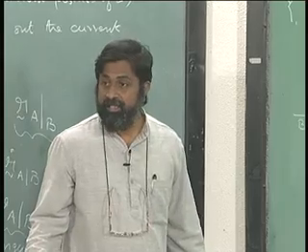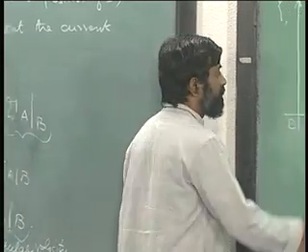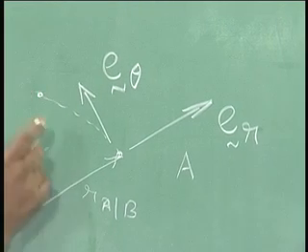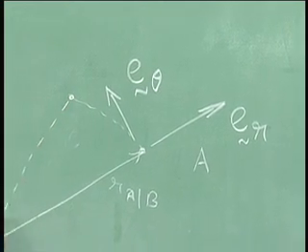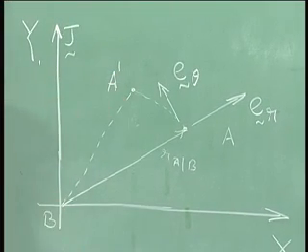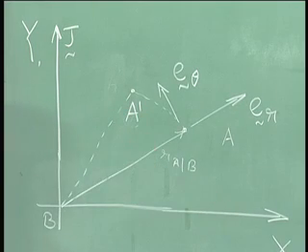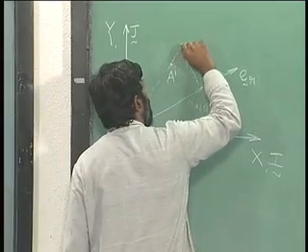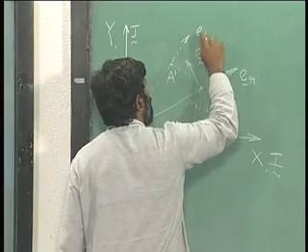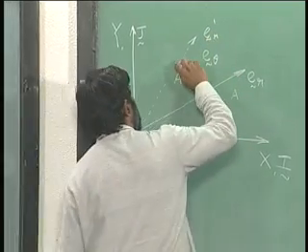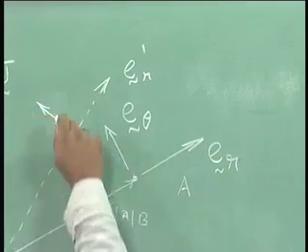Why am I using this unit vector? Very simple. Supposing it rotates this way and reaches this particular point, let us say this is a new location A prime. Remember, ER is now rotated this way and E theta also has rotated like this.